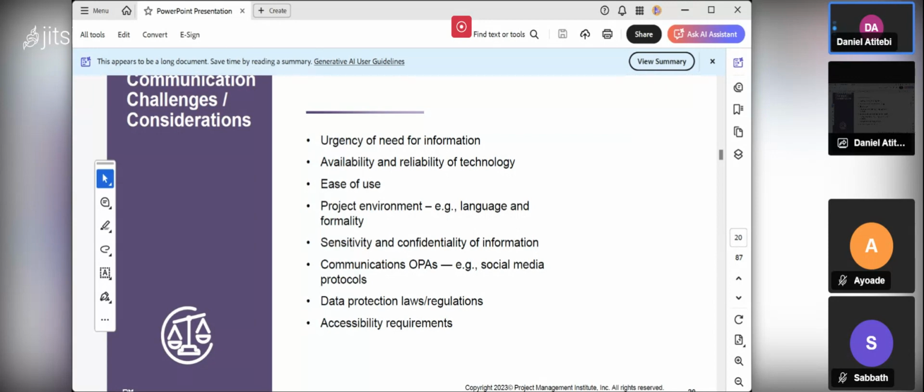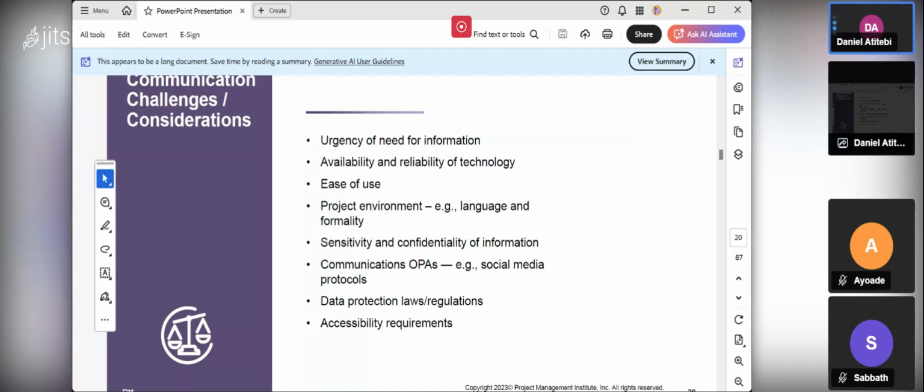So if you are doing a project in the interior part of the country and all the masts, this MTN mast and that one, cannot reach that area, how do you communicate with that person? So selecting a type of communication technology, in the case of Nigeria as a practical example, how available and how reliable is the technology?